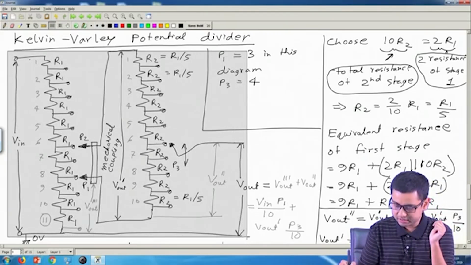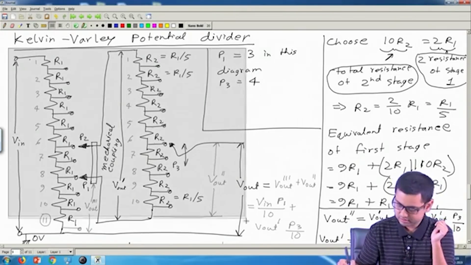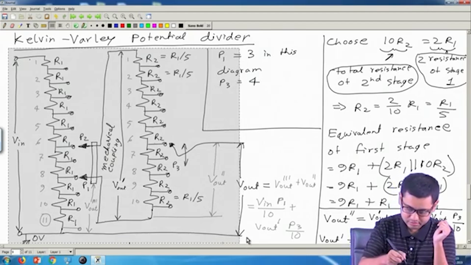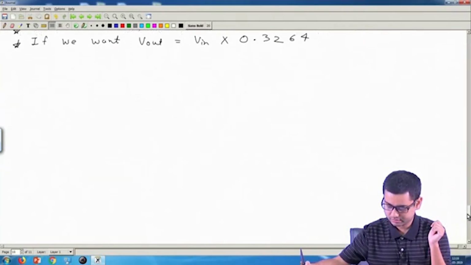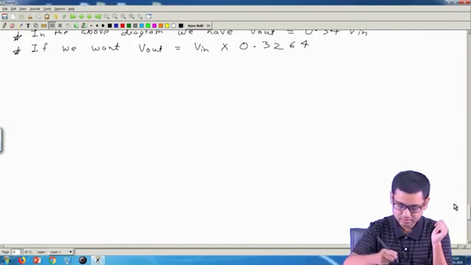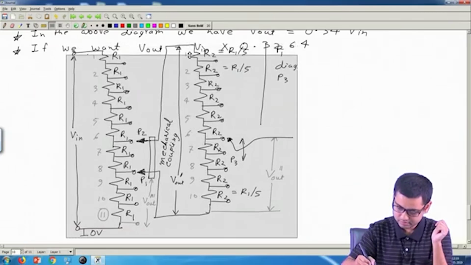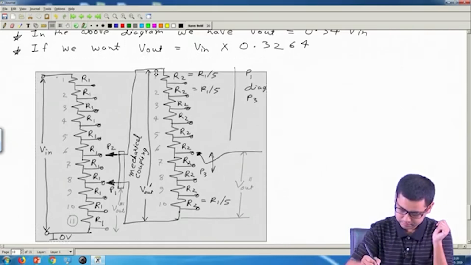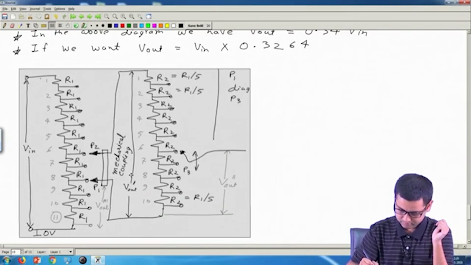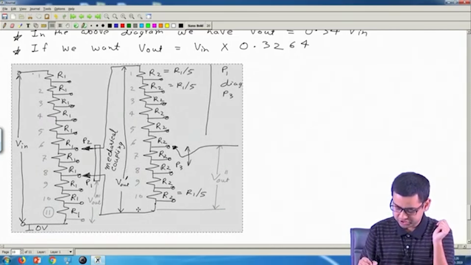So, I copy this. I already have 2 stages.